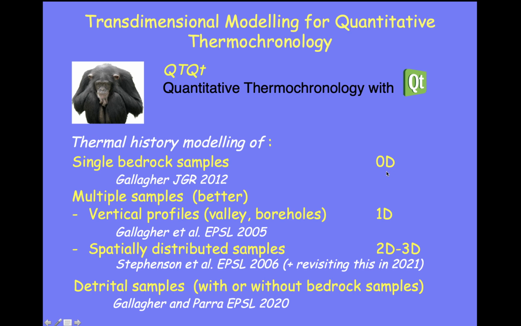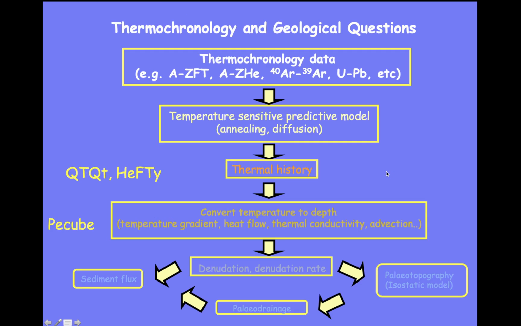So the interpretation stage is a whole series of steps to get to the interesting stuff, if you like, that take us further and further away from the original data and require more and more assumptions usually to produce some kind of estimate of, for example, erosion rates and so on. So really the QTQt HeFTy approach is just, we're going to stop really at the thermal history, and then the next stage of interpretations is another dimension that we're not going to worry about.